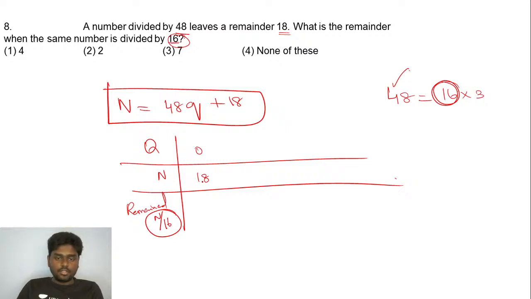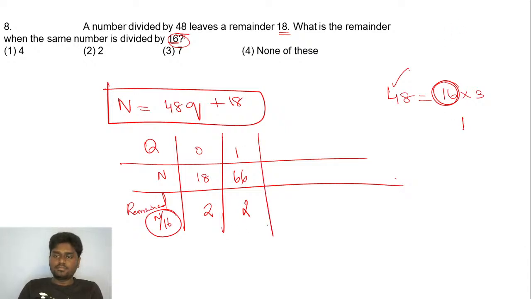So the number you'll be getting here is 18. And if you try to divide this 18 by 16, you'll be getting remainder 2. In the same way, if you go with 1, 48 into 1 will give you 48. 48 plus 18 will give you 66. So 66 means again the remainder 2 is what you'll be getting.